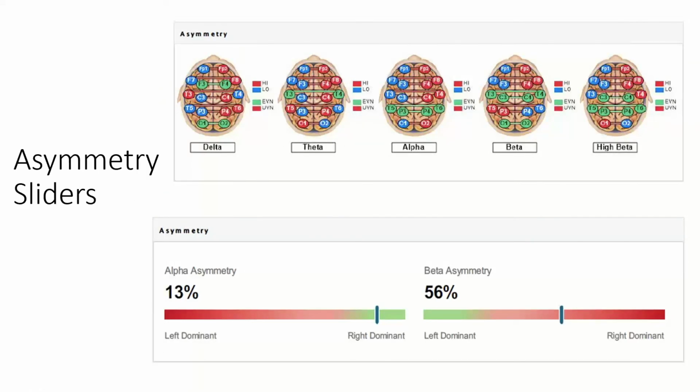Asymmetry sliders. I know a lot of people have a lot of problems making sense of asymmetry, saying, well, what percentage here and what percentage here? We actually have a percentage here because I actually ran numbers and published that on New Mind Journal and wrote it up. Once you're over 56%, people are going to start showing problems on the ISI and on the Beck inventories.